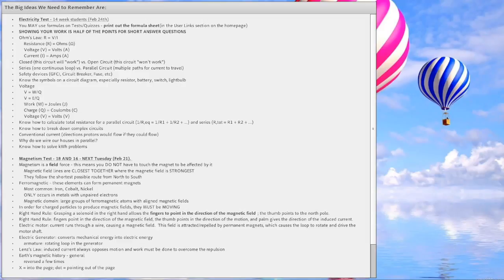Most common are iron, cobalt, and nickel. There might be other metals that could form a ferromagnetic or permanent magnet, but mostly we hear about iron, and cobalt and nickel can as well.